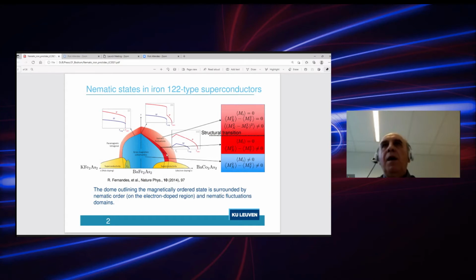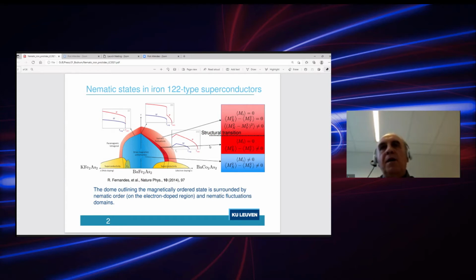And this other parameter can be different. There are many aspects of tetragonal symmetry breaking. It can be just a structural phase transition. It can be orbital disproportionation, the population of XZ and YZ orbitals. And it can be of pure spin state, which is called spin-induced nematicity.